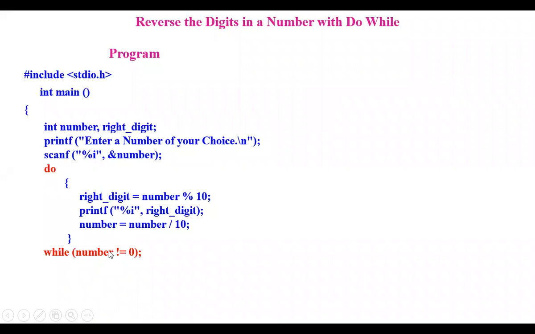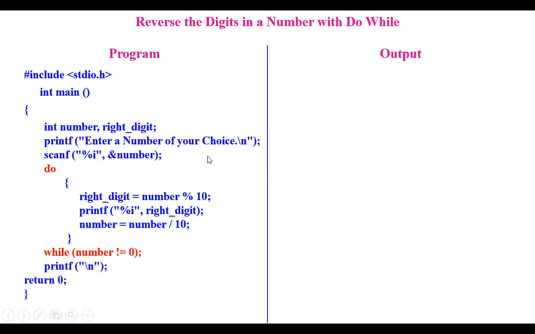So everything is the same, and this program is done with the help of a do while loop. Okay, complete it and compile and execute. Suppose you have given a different number, 6, 5, 4, 3, 2, 1. If you run this program, you get an output of the reverse of these digits. It reverses all the digits.